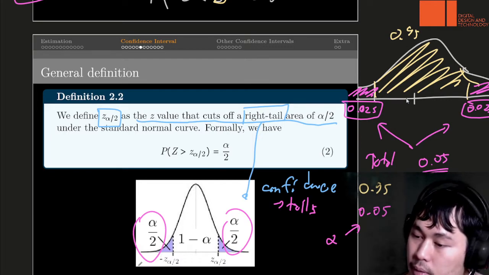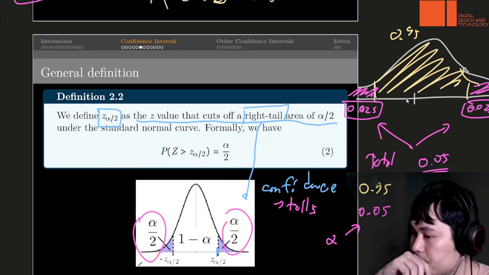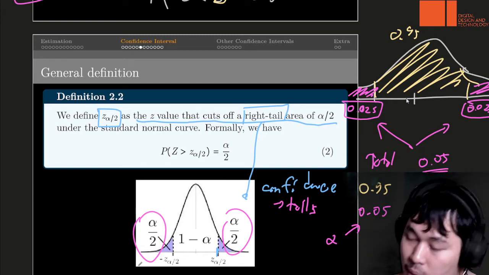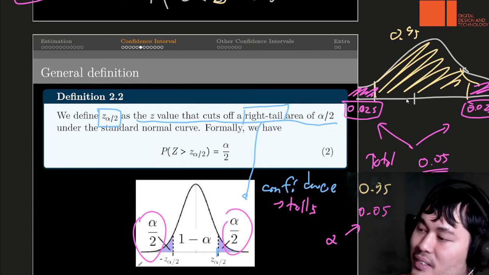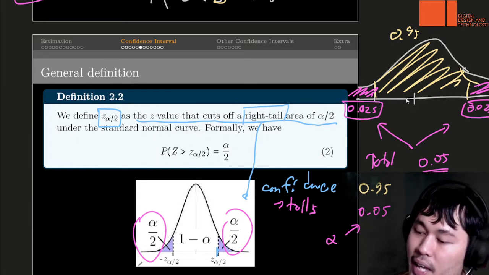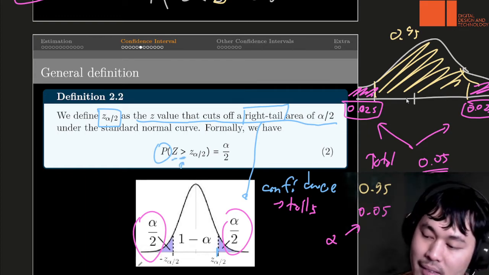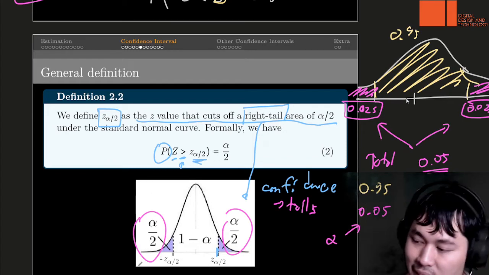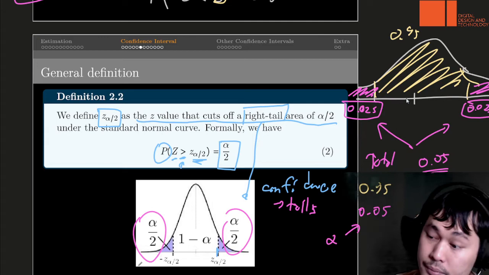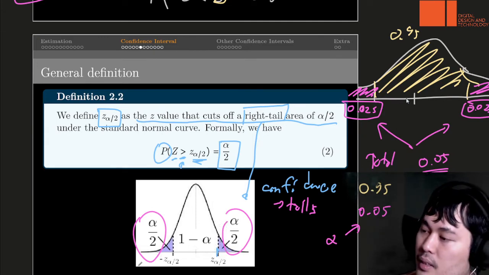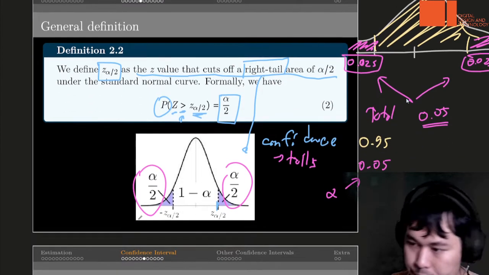So that value is a cutoff, it's this point. And formally, this whole sentence can be abbreviated to this equation. We want the area or the probability to the right side of this point to be alpha over 2. And that number is what we're going to plug into the formula.